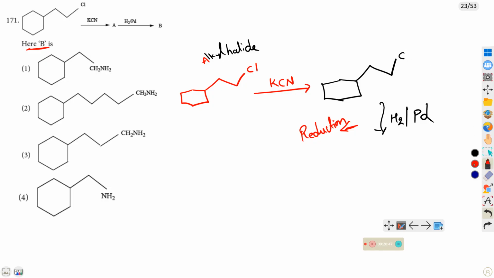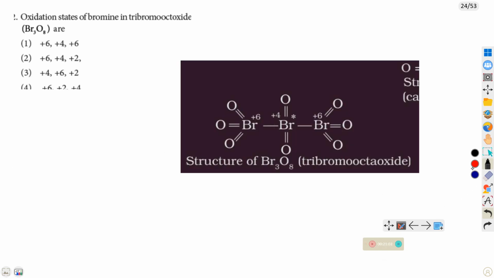C triple bond N undergoes reduction. Cyanides undergo reduction, then it gives amines. Third option. Oxidation state of bromine in tribromo octoxide is +6, +4, +6.